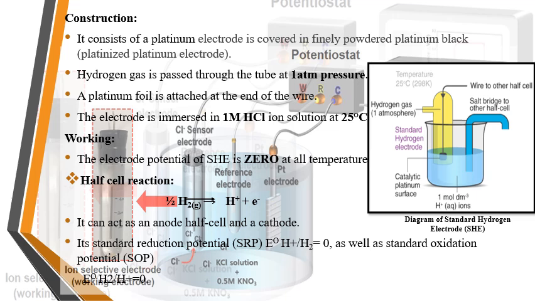Summarizing the overall construction and the components, the SHE is constructed using a platinum electrode, a high purity hydrogen gas supply, and a standard acid solution. It operates under well-defined conditions: 1 molar hydrogen ion, 1 molar HCl, 1 atmosphere pressure of hydrogen gas, and 25 degrees Celsius.